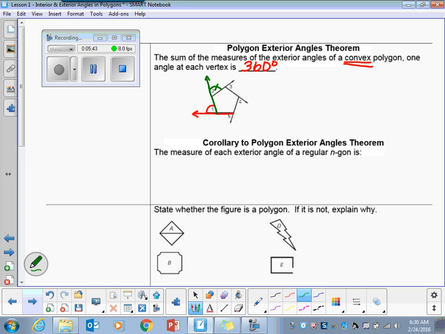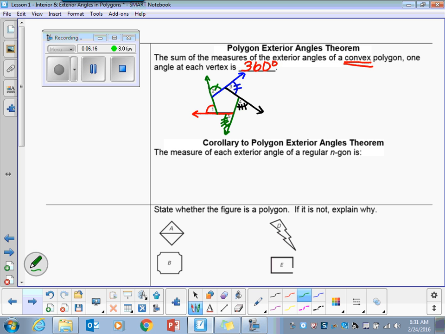Here's your second exterior angle. Extend. There's the third one. Extend. There's the fourth one. And coming back here, I've got to duplicate a color, extending to get the fifth. If you're actually drawing these exterior angles, I suggest you go clockwise or counterclockwise on all of them. In this case, I went clockwise.